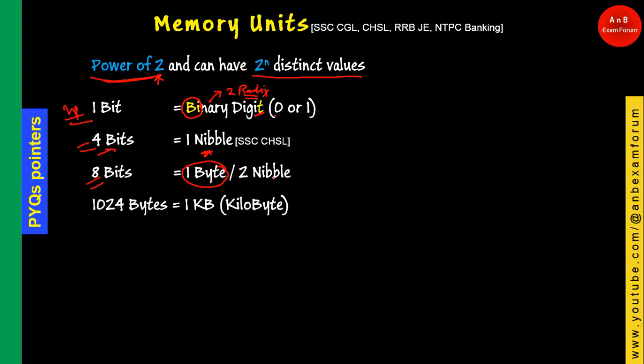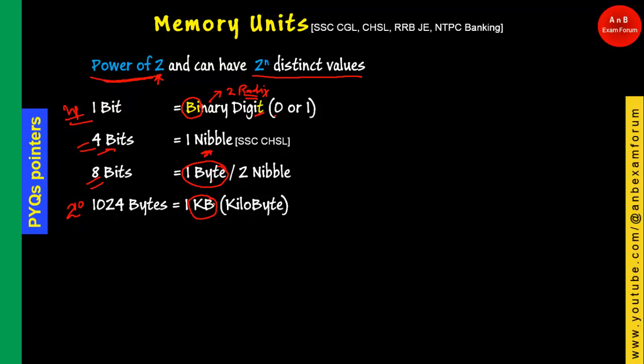The next one is 1024 bytes. That's what I am telling you, it is power. 2 power 10 is what? 1024. So when you combine 2 power 10 bytes, it becomes a kilobyte. KB means kilobyte.